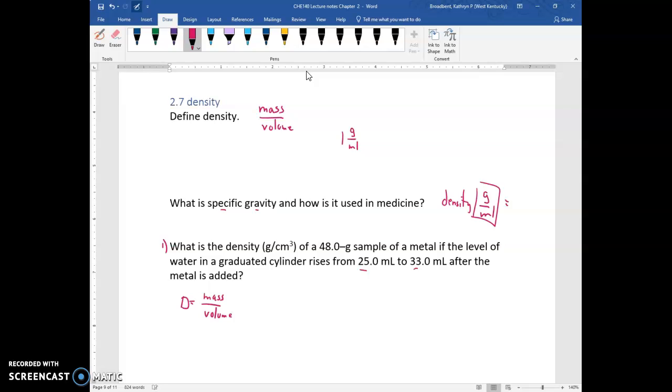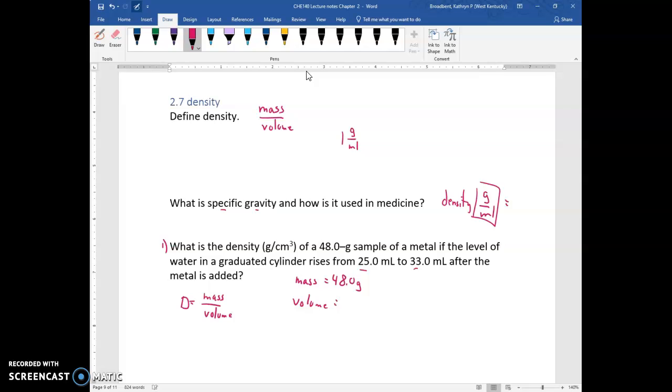The mass is given here. The mass is equal to 48.0 grams. The volume, well, we've got a problem with the volume because we've got two volumes. We've got the volume in the graduated cylinder before the metal is added and the volume in the graduated cylinder after the metal is added.